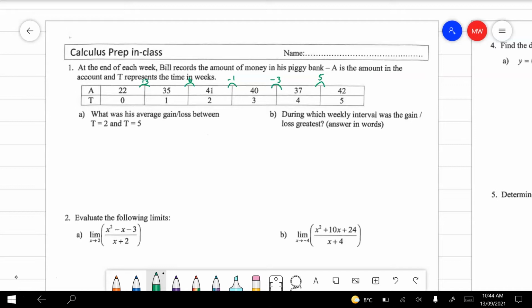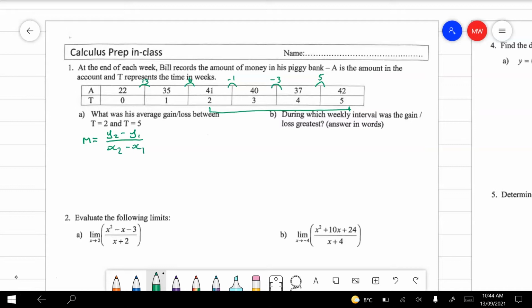Let's have a look at what is happening. Question A is asking us, what's his average gain or loss between weeks 2 and weeks 5? So we're really just after average gradient this time. The gradient is just going to be y2 minus y1 over x2 minus x1.